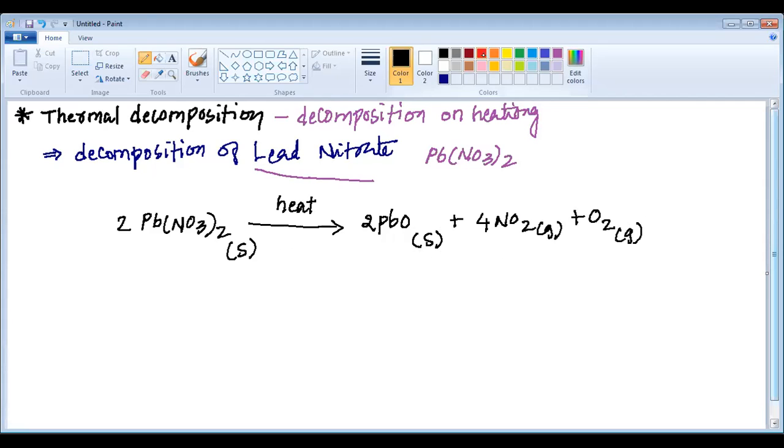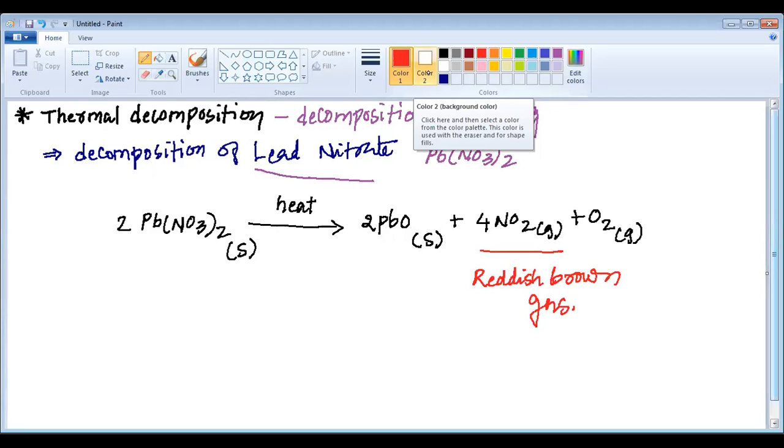This NO2 gas, which we have seen, was the reddish brown gas. So this NO2 which is produced is nothing but your reddish brown gas, and that is how we can understand the thermal decomposition of our lead nitrate, my dear students.